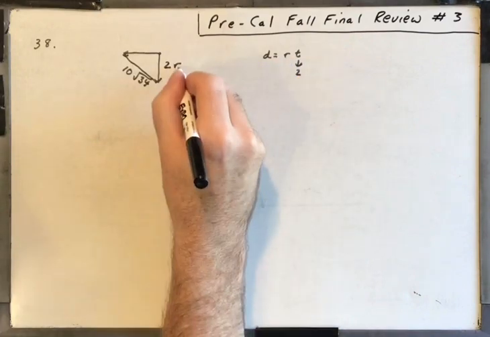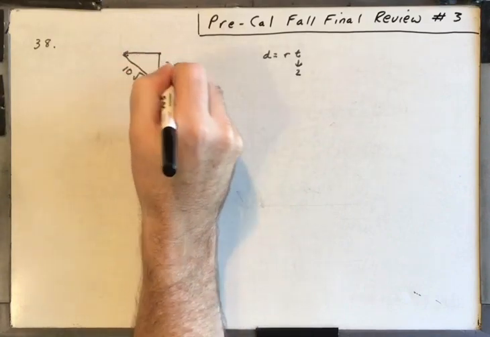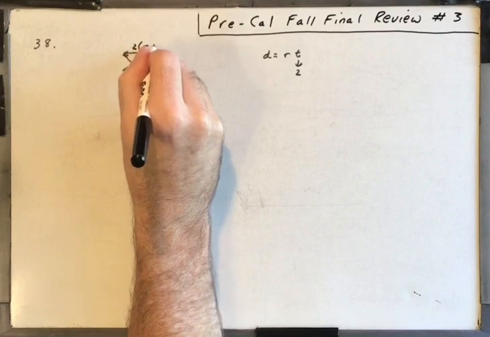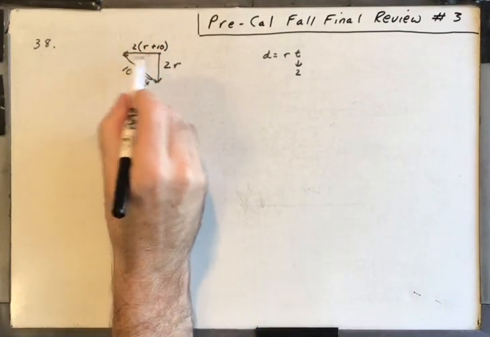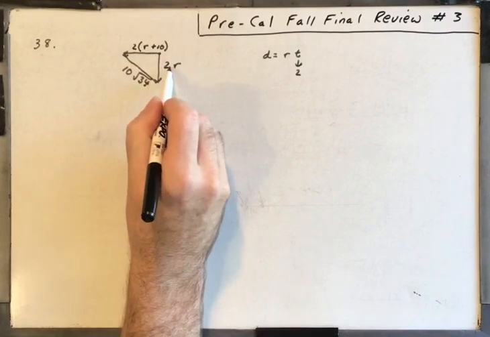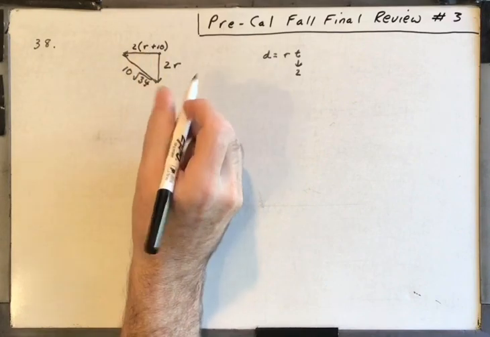All right, that's the rate. Okay, so the rate of the westbound was 10 miles an hour faster, so 2 hours times r plus 10. That's how you would get the distance of this western leg of the triangle. So the southern leg, 2r, that'll give you the distance. The western leg, 2 times r plus 10.